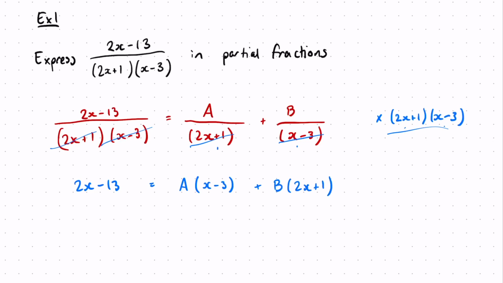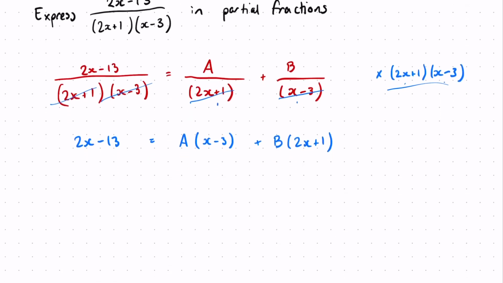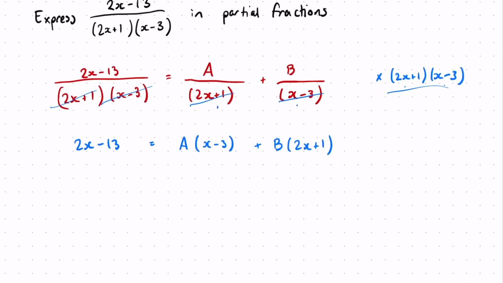To solve this, I will solve it via substitution. Because I've got multiple variables here, x, a, and b, I'm going to substitute in a value of x which will eliminate my x variables because I'm replacing my x, but it will also eliminate either my a or my b. And the way to do that is to remember your rules of multiplication.